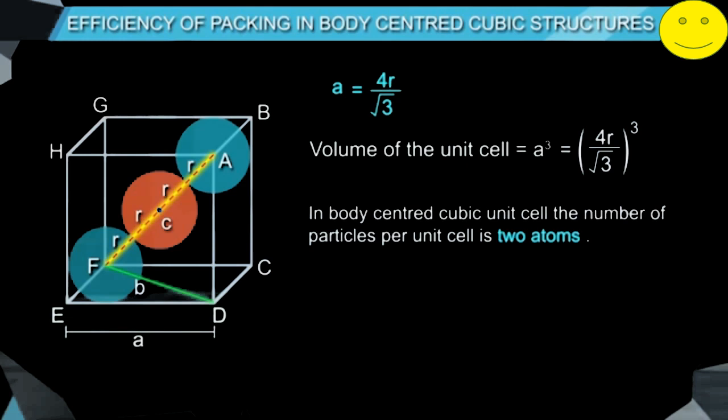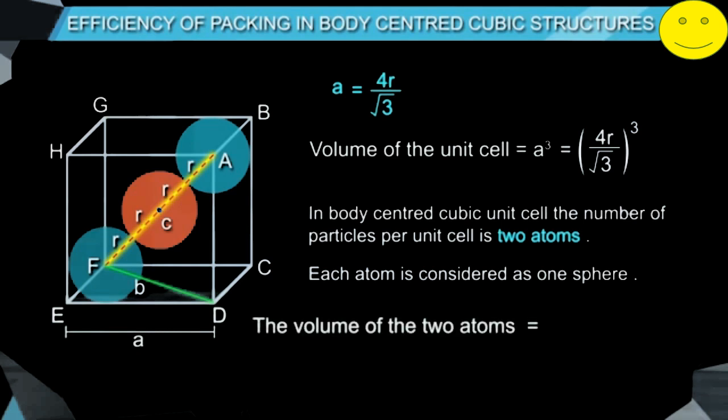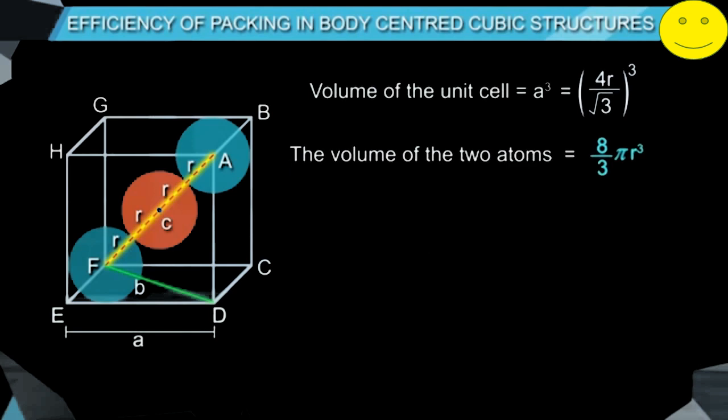Body diagonal AF equal to C and face diagonal FD equal to B. Then AF equal to C, that is equal to 4R. Now let us calculate the body diagonal C and face diagonal B. Using this value, we can calculate A.